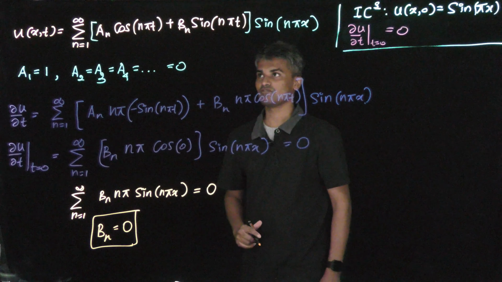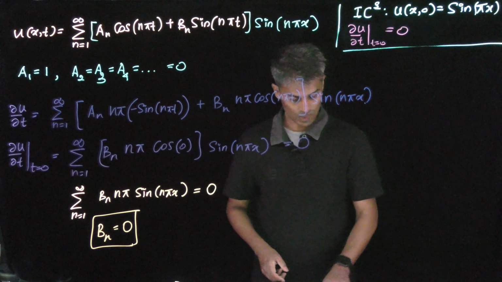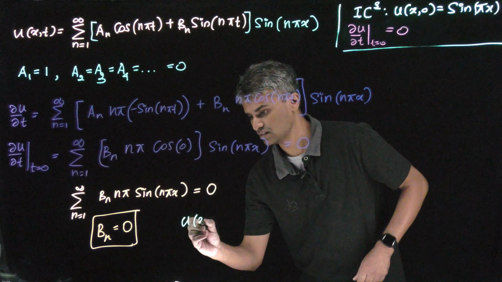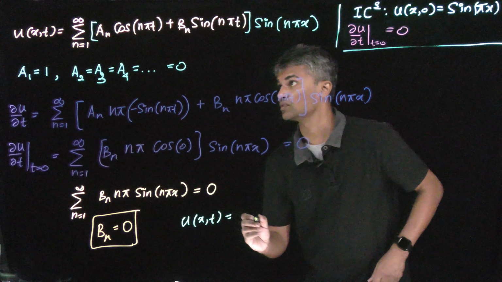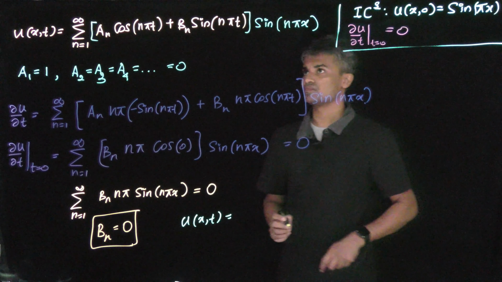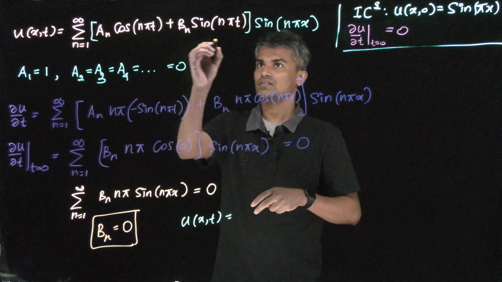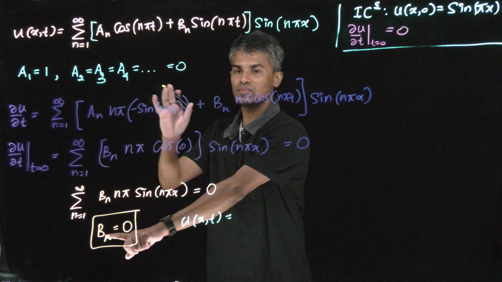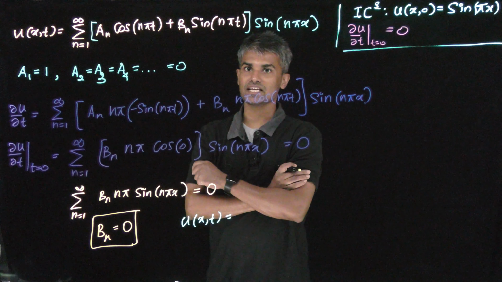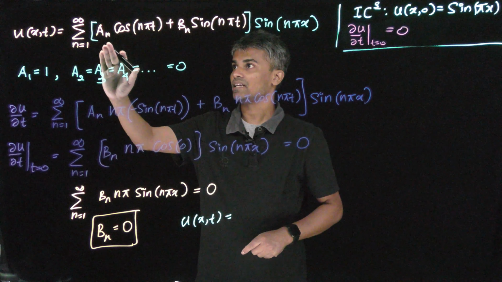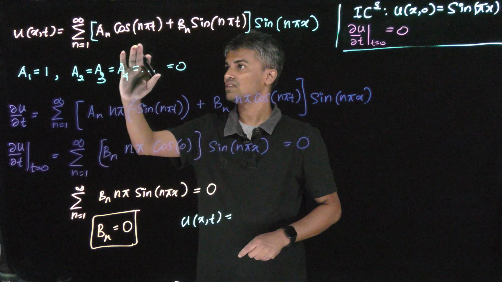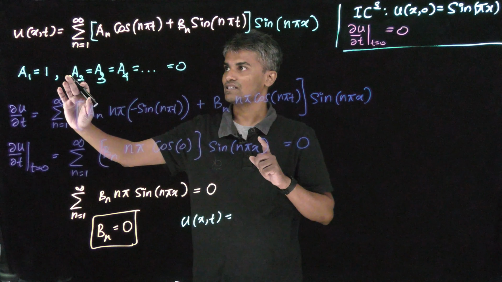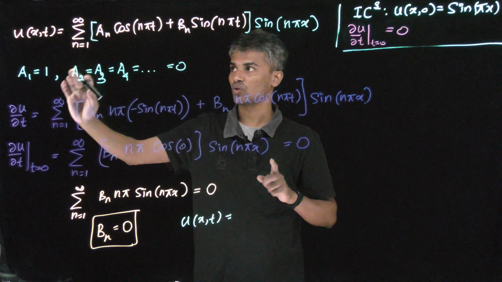Finally, we can update our function u. So, we have u of x comma t equals, now we are not going to get this second term because every b sub n term must be equal to 0, and if you think about the first term, we are going to get only the term that corresponds to n equals 1.